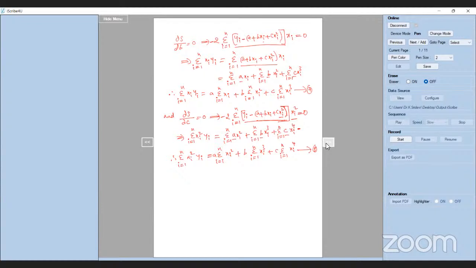These three equations are called normal equations for the second degree polynomial.